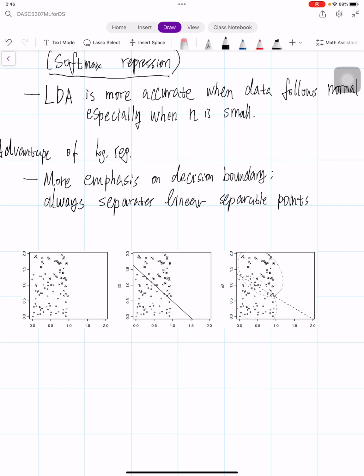We have a class labeled cross, and we have another class labeled circle, and the one in the middle gives you the logistic regression decision boundary.